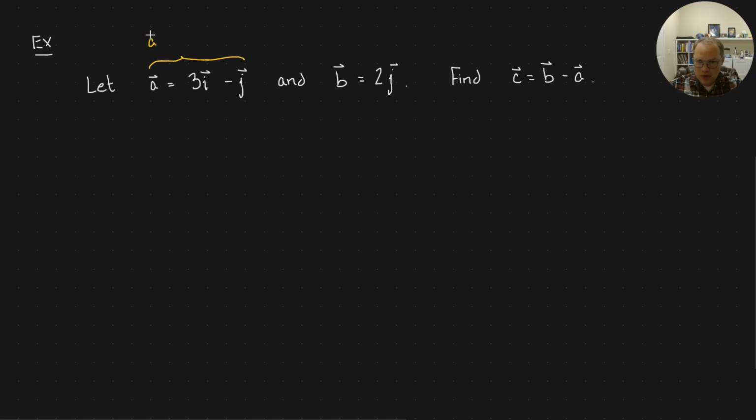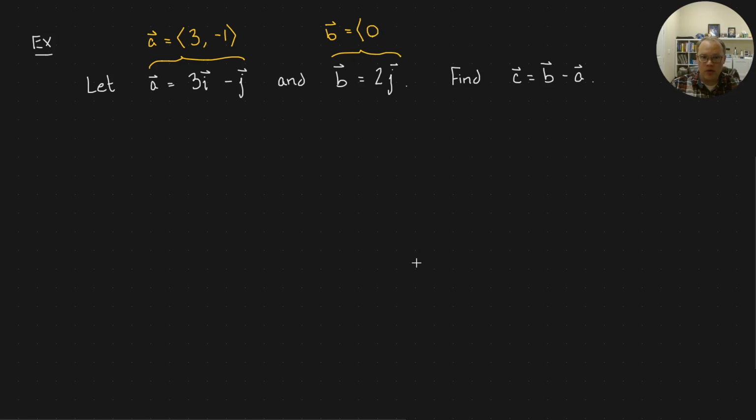Vector A here, of course, if I write it in component form, would be 3 for the first component, and then the value in front of j is -1, so -1 for the second component. For B here, if I write it in component form, notice I don't have an i. I could think about that as 0i.